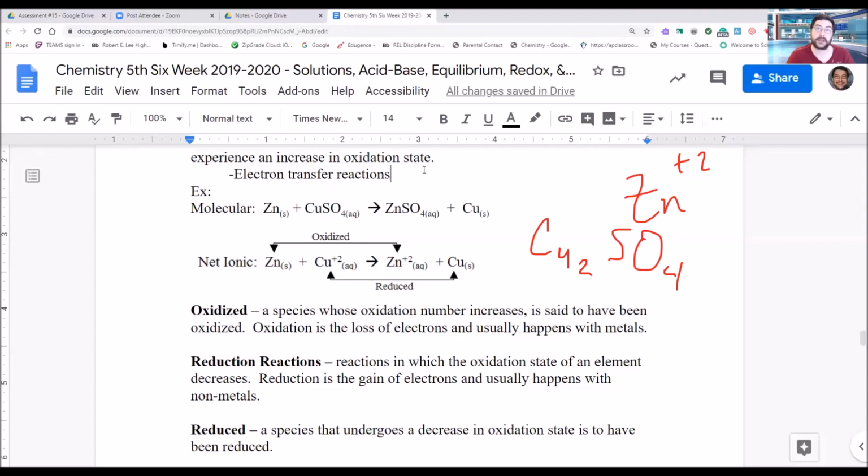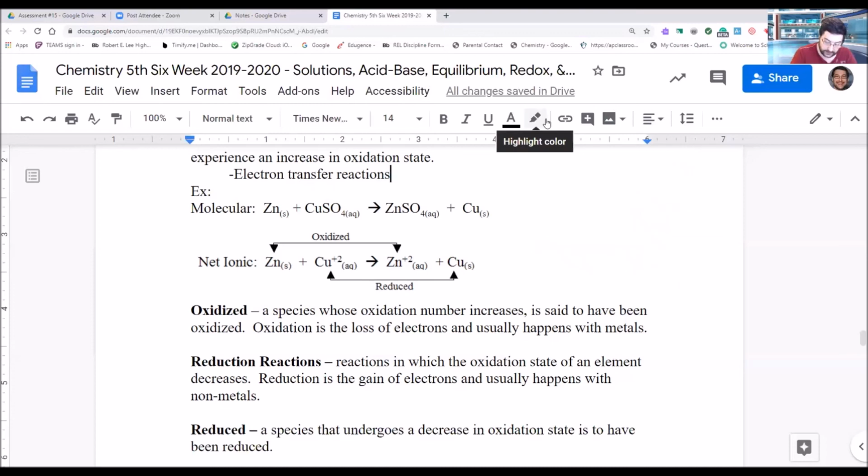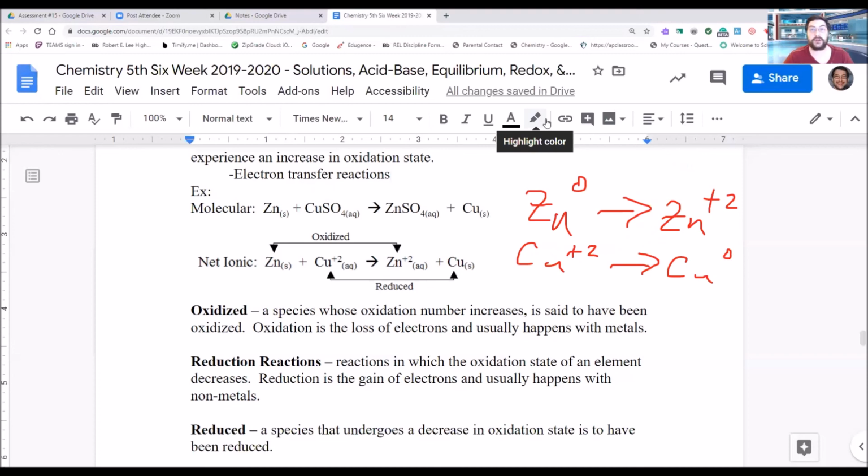That means that the +2 of copper canceled out with the -2 for the sulfate group, so we have the +2 version of copper. All right, with that being said, we can say, okay, the zinc metal went from 0 to a +2 charge, and the copper ion that was +2 became just copper metal with a 0 charge.